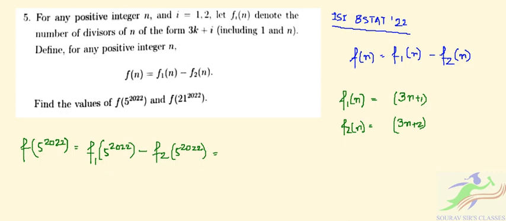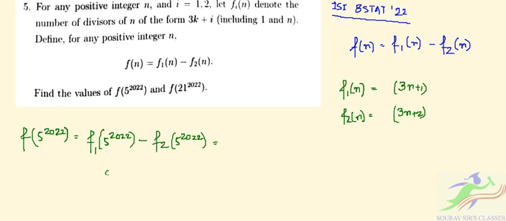So for f1, if we write 5 is congruent to 2 mod 3, and 5 square will be 25, so congruent to 1 mod 3.